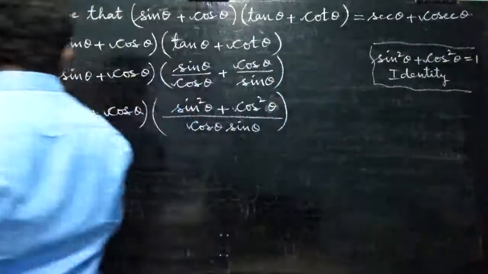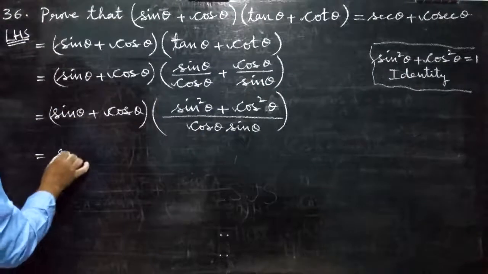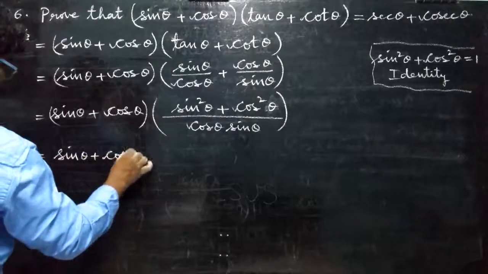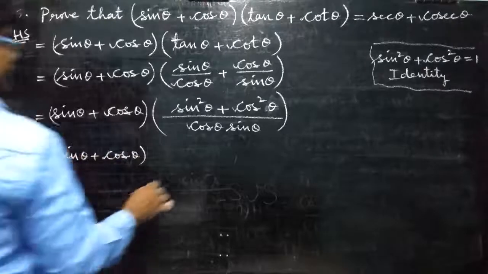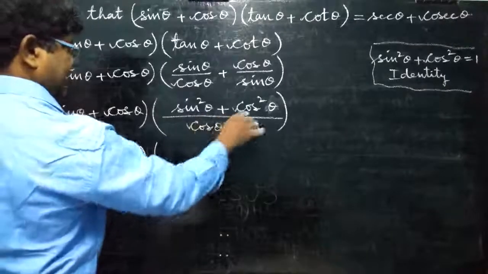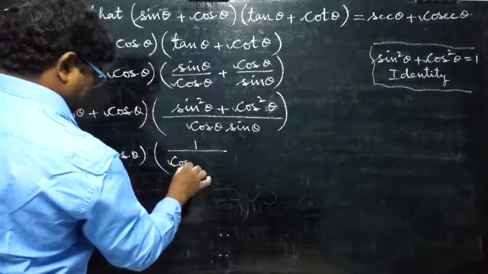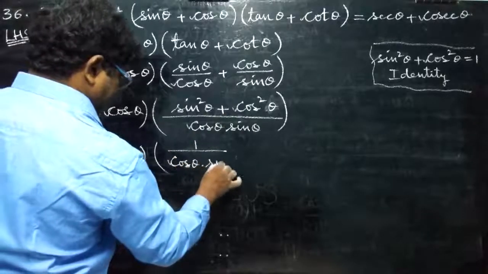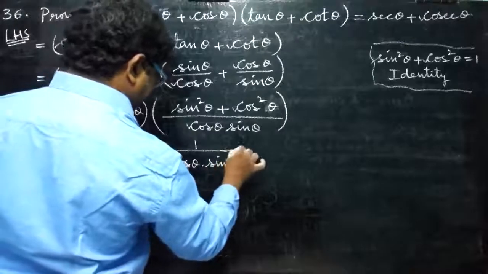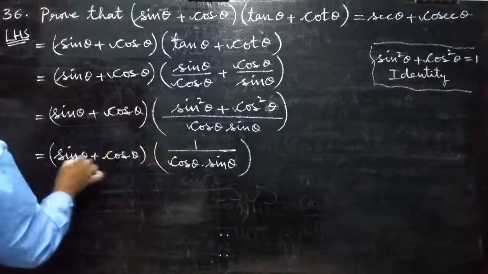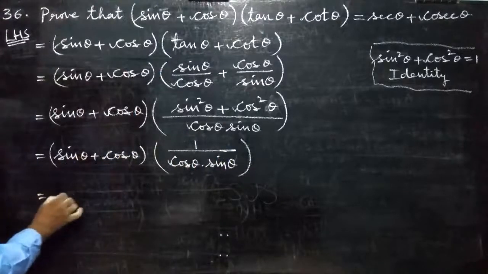Now, that is equal to sin theta plus cos theta as it is. Now, here we are going to write 1 because of the identity, divided by cos theta into sin theta. Are you able to follow? Now multiply: 1 into sin theta plus cos theta is sin theta plus cos theta.